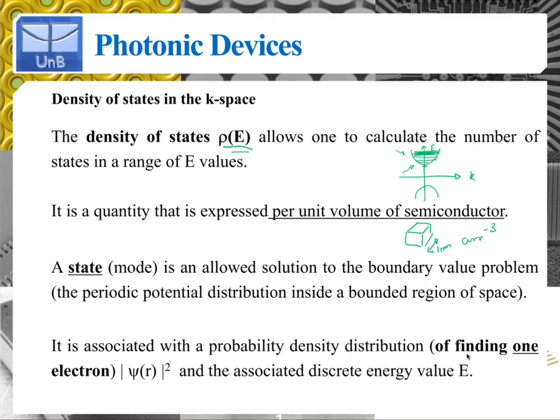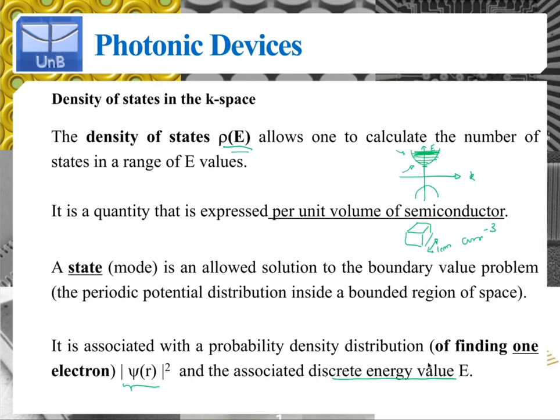The probability of finding one electron is given by mod psi squared, and the state is also associated with a quantized or discrete energy value. So each state is associated with a corresponding probability density function, or wave function, and its discrete energy value.